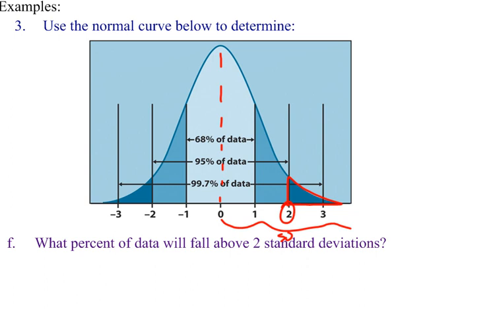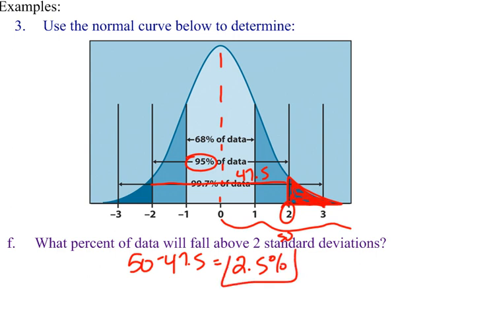I'm going to do it a different way here. And from here to here is 95% of the data. So this would be 47.5. So if I take the 50 minus the 47.5, I should get this little piece right here that's shaded. And when I do that, I get 2.5. So 2.5% of values lie above 2 standard deviations.